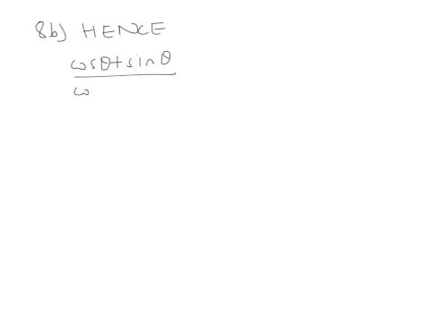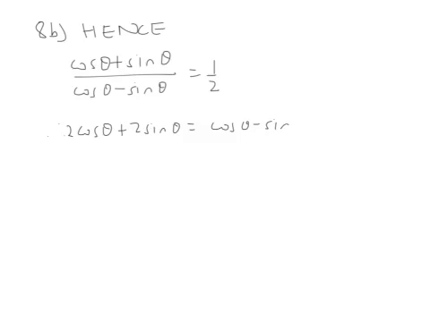Now in part B it says hence, which means we can use the result we've already got. We know that sec 2 theta plus tan 2 theta equals cos theta plus sine theta over cos theta minus sine theta, and that equals a half. Even if we didn't successfully complete the proof in part A, we can still use the result. So 2 cos theta plus 2 sine theta equals cos theta minus sine theta.